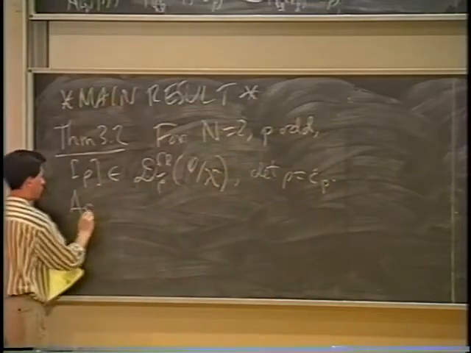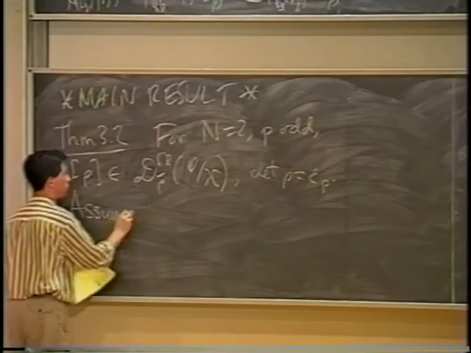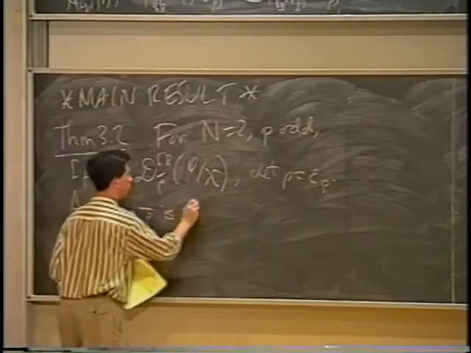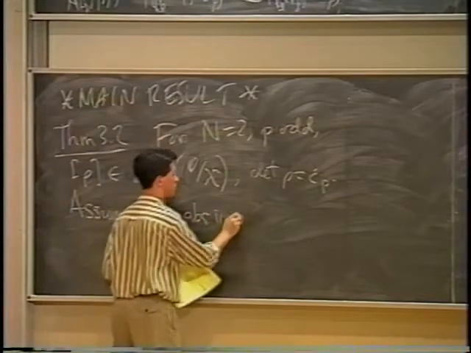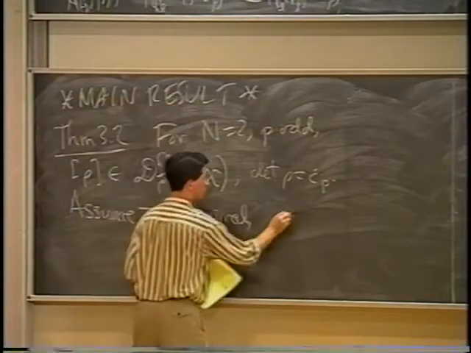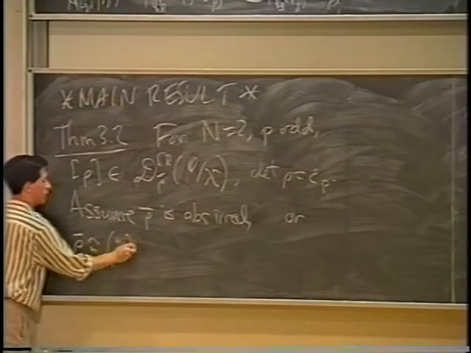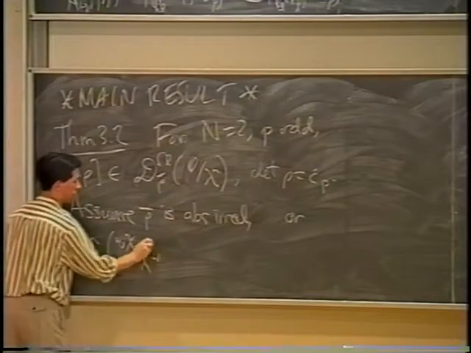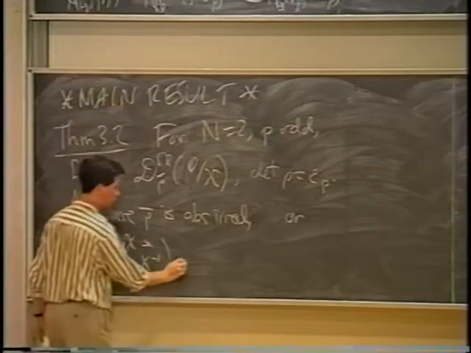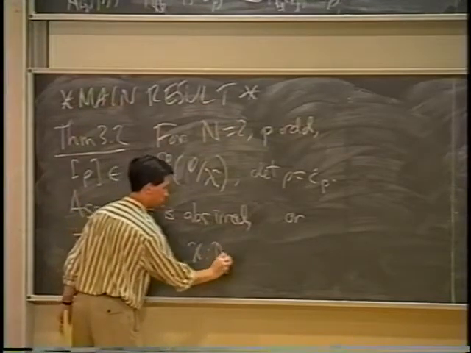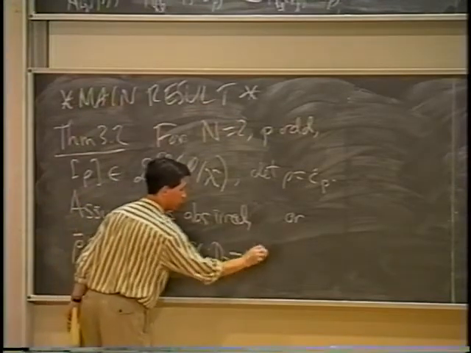And we're going to make two assumptions on rho bar. We're either going to assume rho bar is absolutely irreducible, which is the case from supersingular elliptic curves, or else rho bar, well, has the other form. It's omega chi_0, chi_0 inverse omega, star, possibly a split extension, for some unramified character.